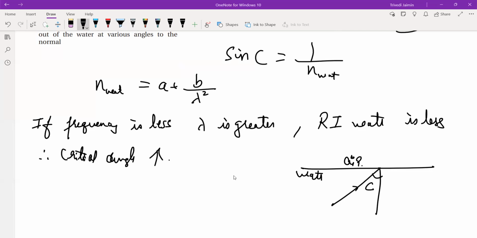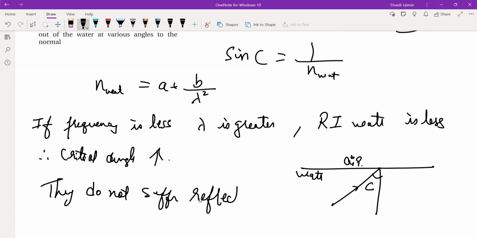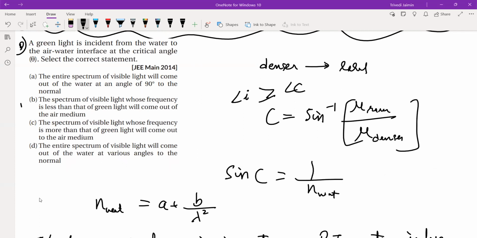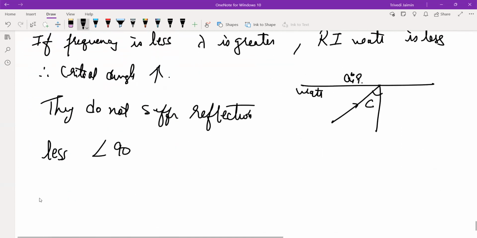So what happens when the critical angle increases? They do not suffer any reflection. If they do not suffer reflection, that means the angle is less than 90 degrees. So the option here is B. Spectrum of visible light whose frequency is less than that of green light is less than 90 degrees.